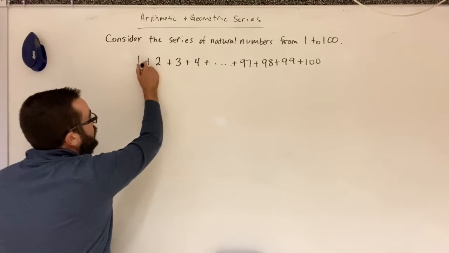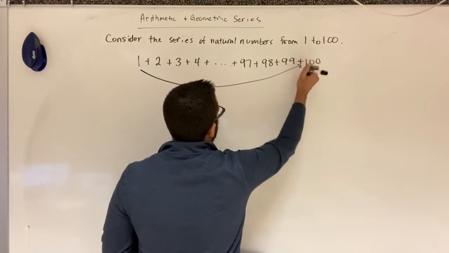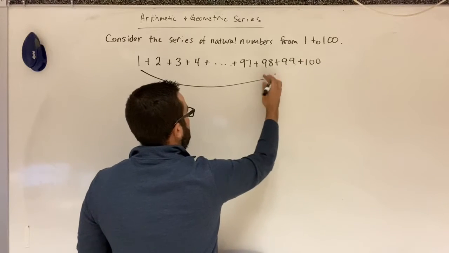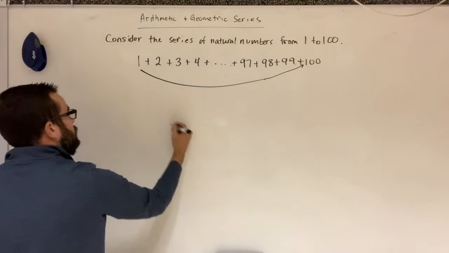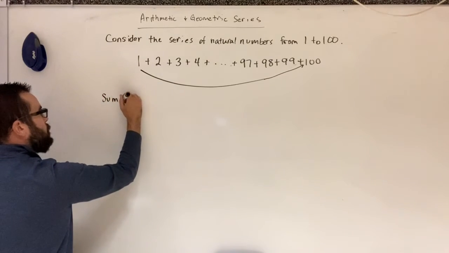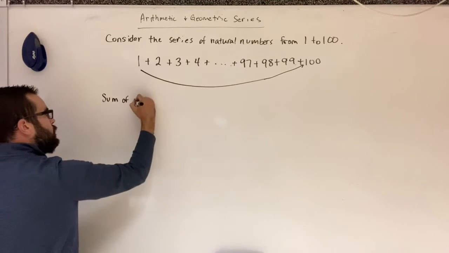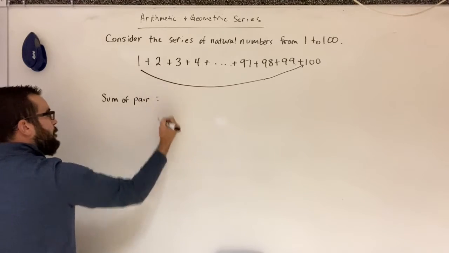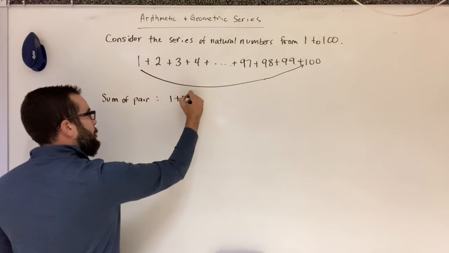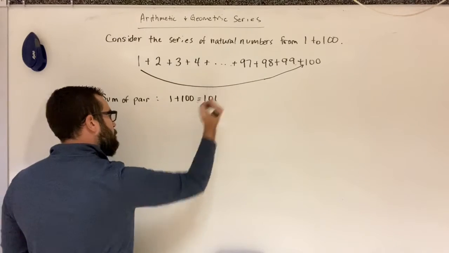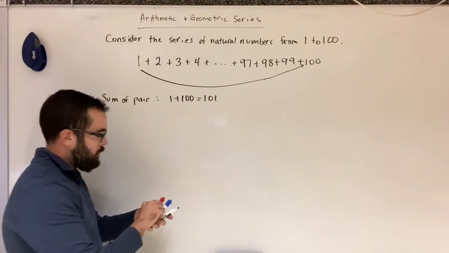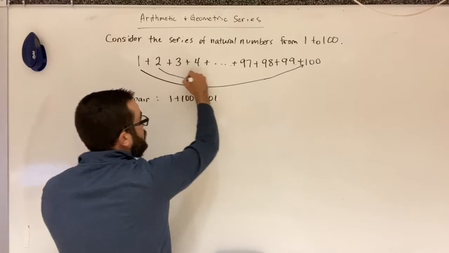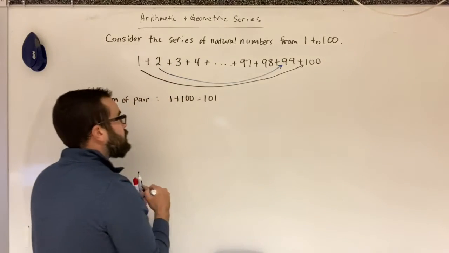Pretty clever. He took 1 and he paired it with 100. So what's the sum of that pair? $101. Okay. So let's see what he did next. He took 2 and he said, what's that sum?